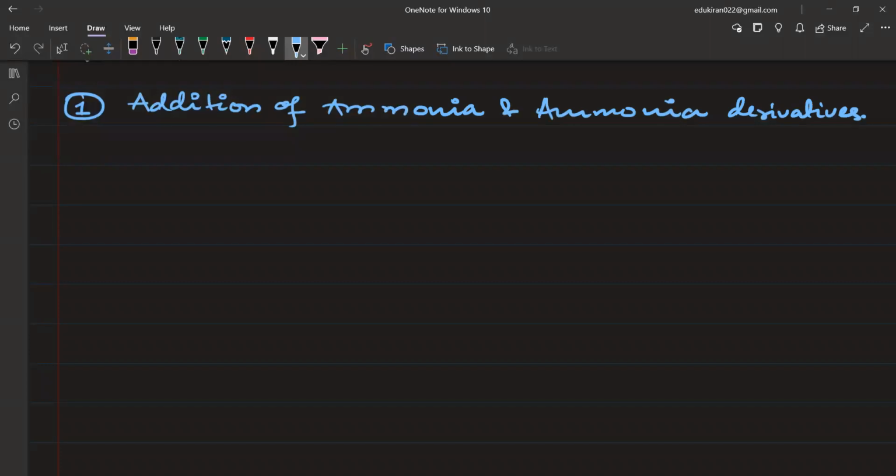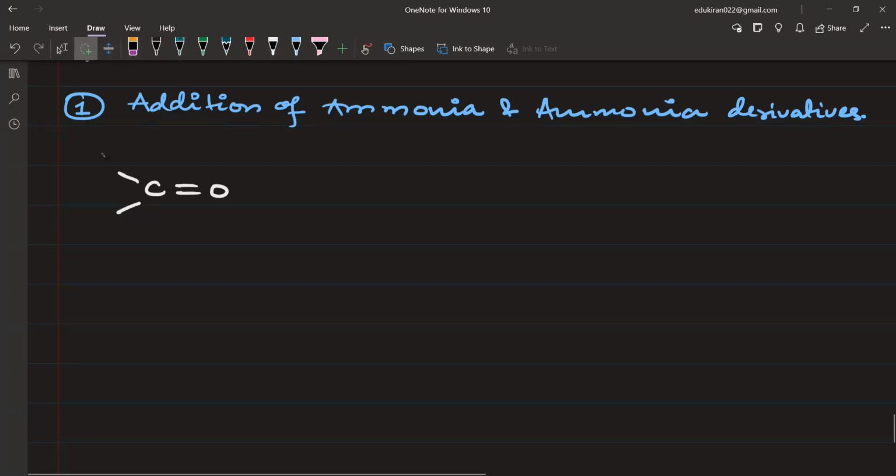See, you will have an aldehyde or ketone. All the aldehydes and ketones have C double bond O. Then there will be ammonia or an ammonia derivative.